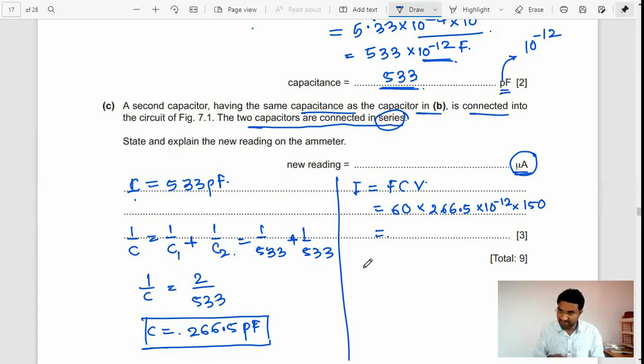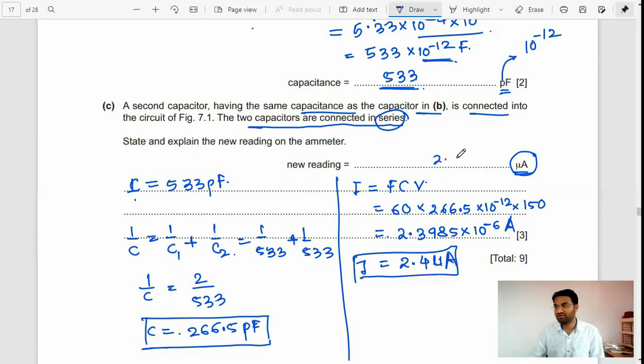So 266 times 60 times 150, if you multiply by 10 raised to negative 12, you will get 2.3985 times 10 raised to minus 6. And that's nothing but 2.4 microampere. Okay, that's the current. So your answer will be 2.4 microampere. Fine. So this is how you have to solve these step-by-step equations. Getting it? Yes, that's it.